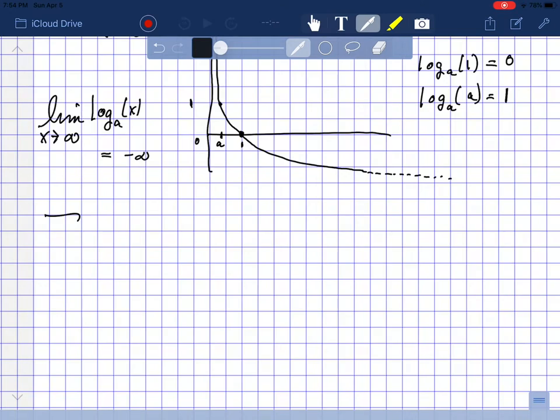Now, the log function satisfies some very interesting identities. And so that's what we're going to play with now. Let me remind you of one other thing. If I say the log base a of x is equal to y, remember, this is equivalent to saying that a to the y power is equal to x.